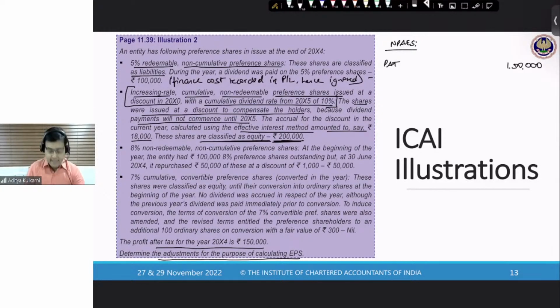What will be deducted is the accrual of discount in the current year, that is to say rupees 18,000. So you will be deducting 18,000 discount. Why?